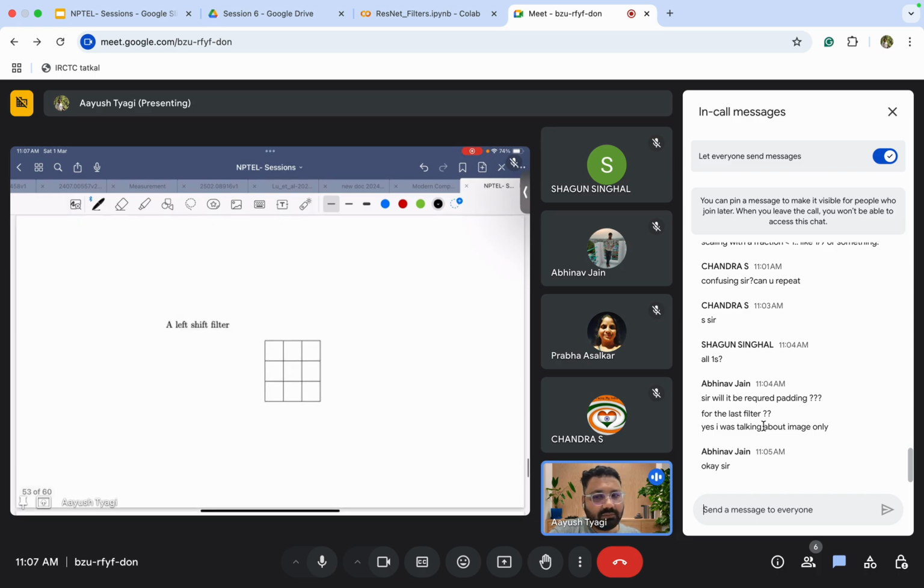What about the left shift operation? What you want is that when you multiply this filter with the image, it should shift left. So this should become blank.